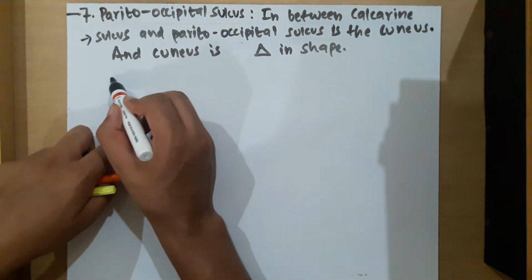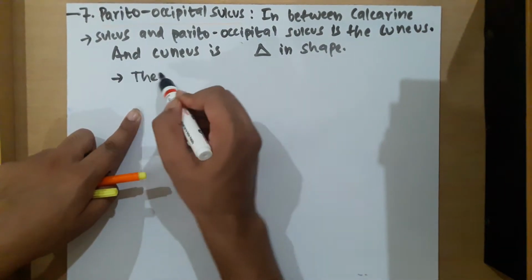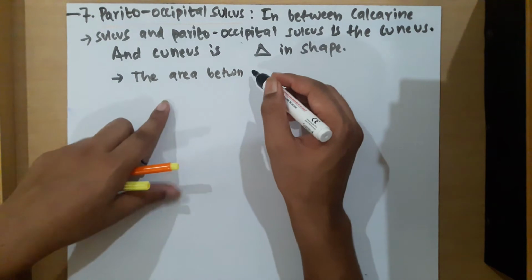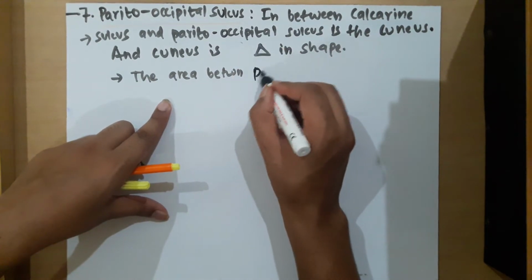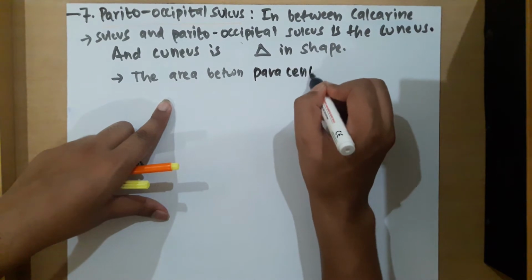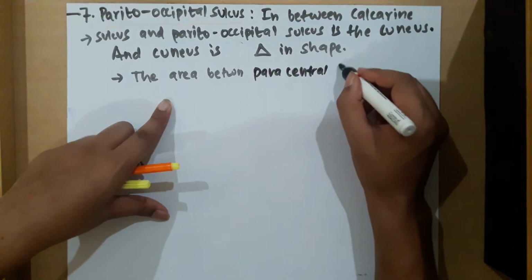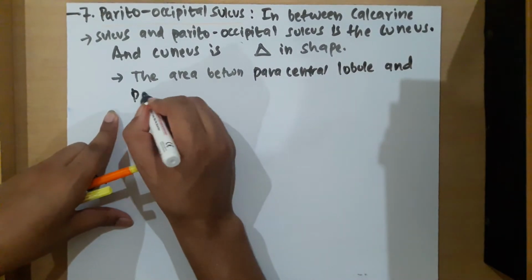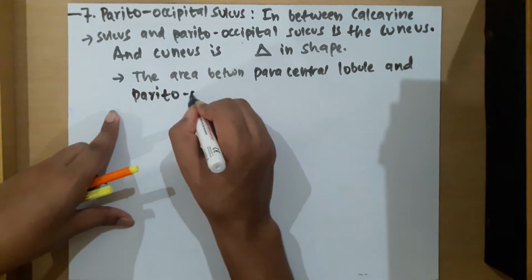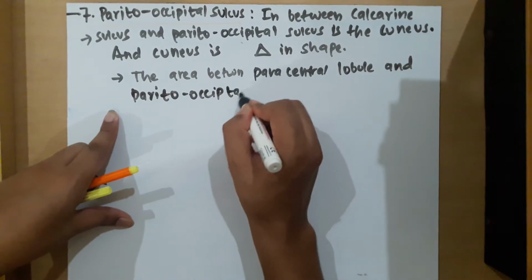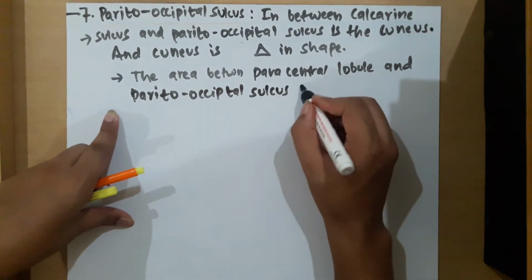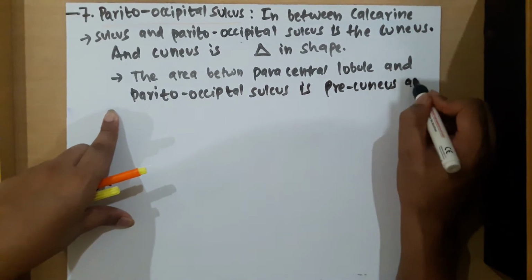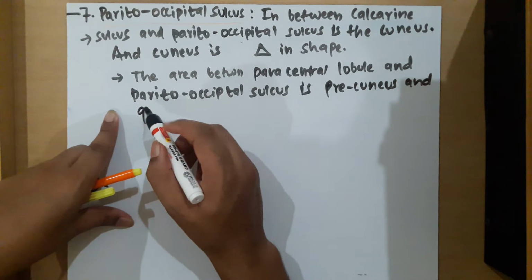So the next point is the area between the paracentral lobule, central lobule, and the parieto-occipital sulcus is precuneus and quadrangular in shape. Okay.